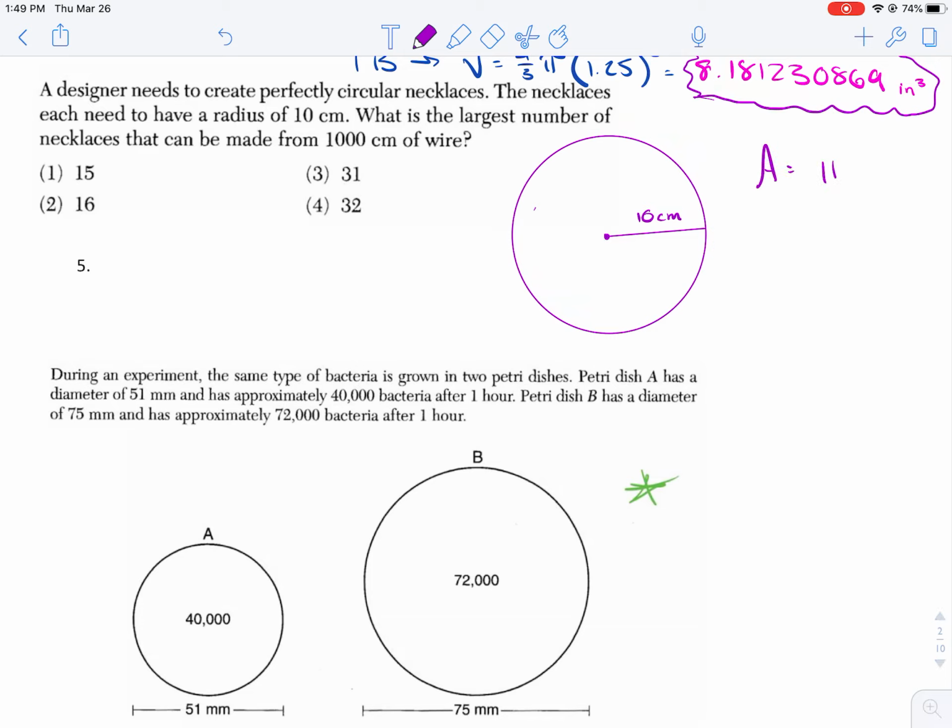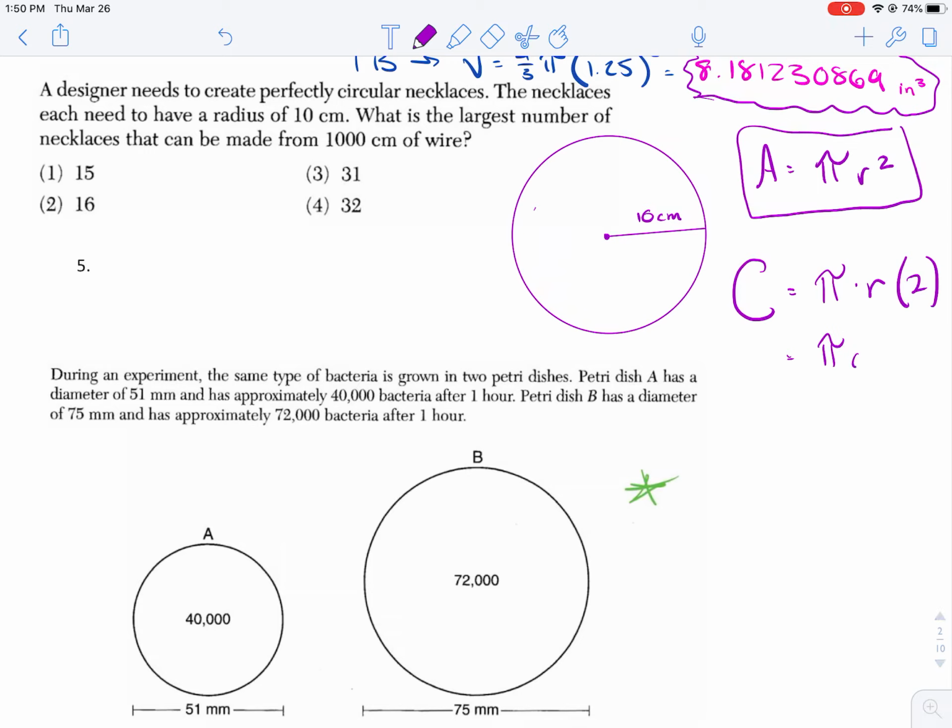So it's important to remember these formulas, okay? So pi r squared, which again is on your reference table, is the area of a circle. We're looking for the circumference. And the circumference has a couple different representations. It's either 2 pi r, or, if you remember the radius is just half the diameter, pi times the diameter.